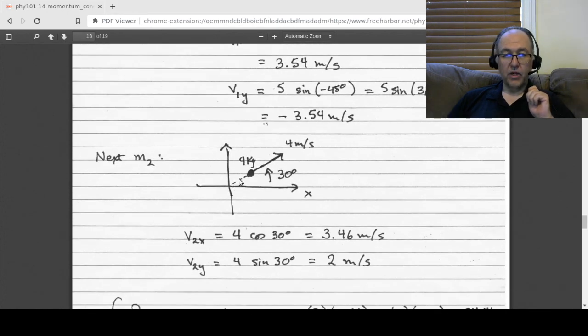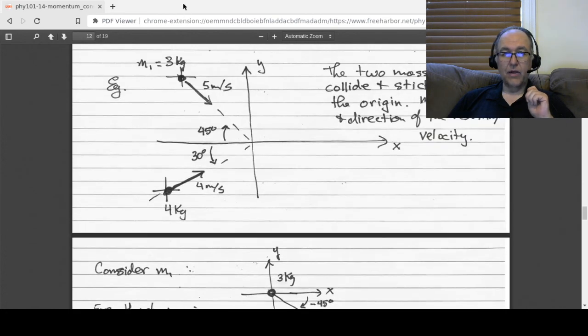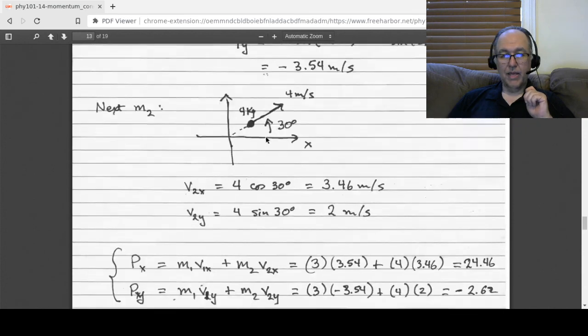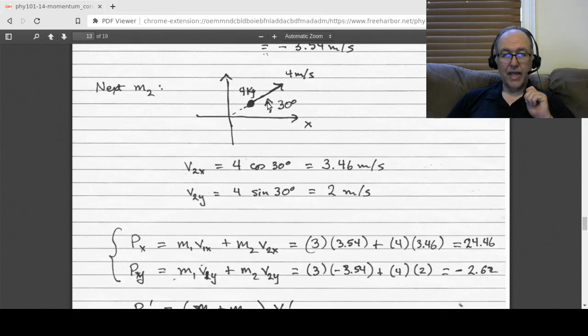So here's the 4 kilogram mass, and here I said the angle in there is 30 degrees. If this angle in there is 30 degrees, then that angle in there has to be 30 degrees like that. So in my expanded picture, you'll see that the angle in there is 30 degrees. So 4 meters per second at positive 30 degrees to the plus x-axis.